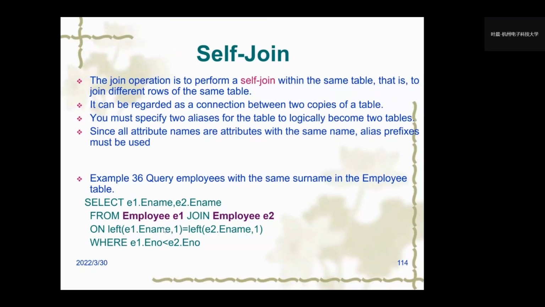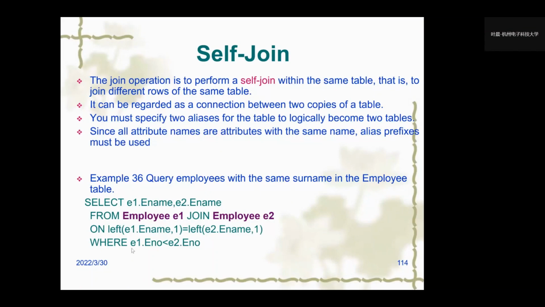Here we also use E1's eno is smaller than E2's eno, because the names we want to query have just the same surname but not the full name.